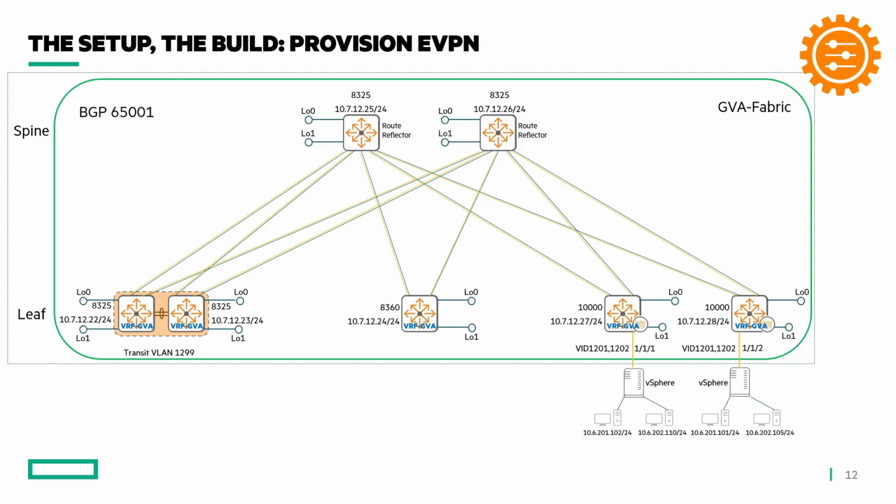From the 201.102, I'm going to try and reach the 201.101 on the other vSphere host, and that's using the overlay. Then from the 10.6.201.102, I'll try to reach the 10.6.202.105 on the other host. And I can do that with the 10.6.202.110 on the vSphere 1 host going to the other two hosts as well. Okay, let's show that.